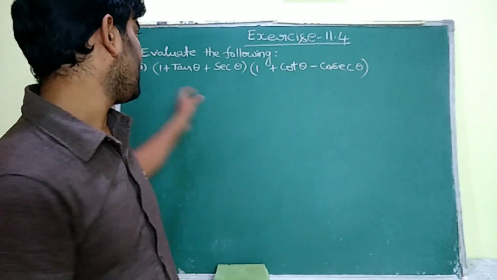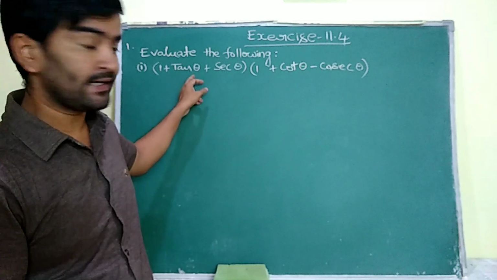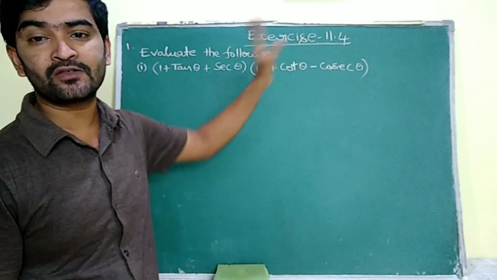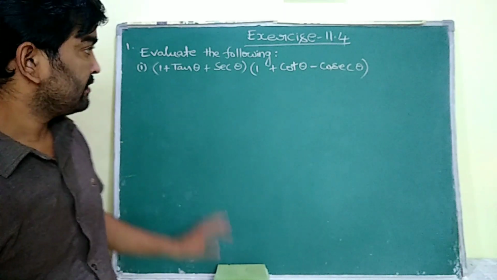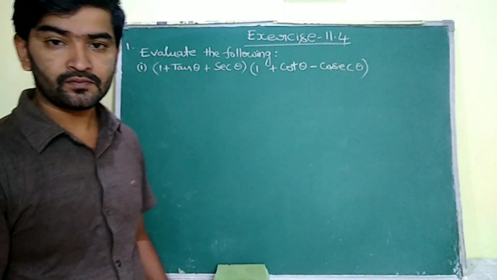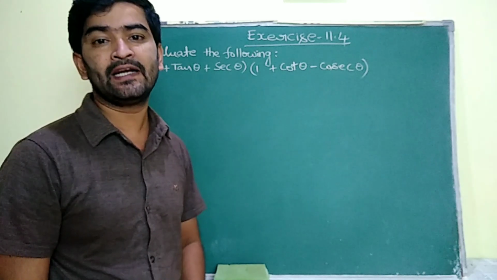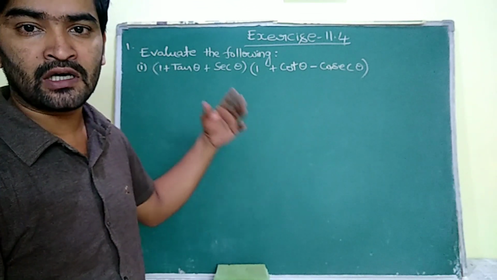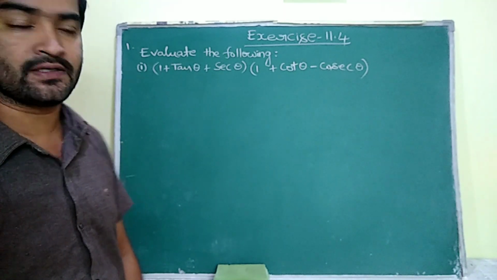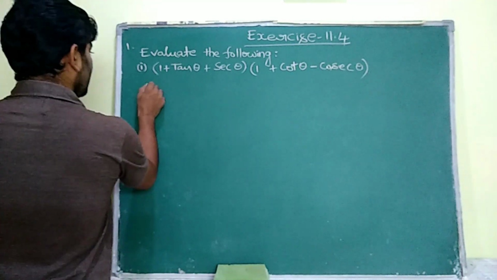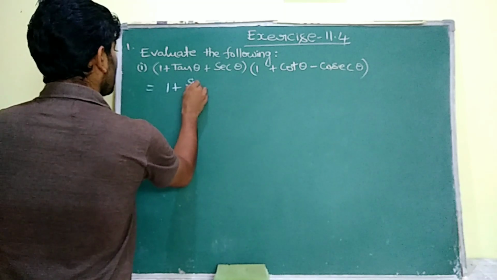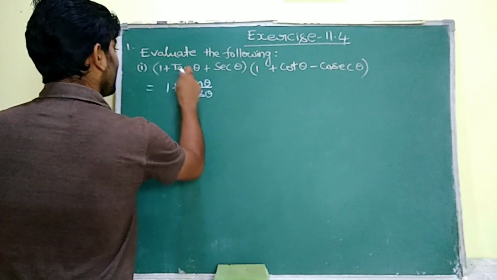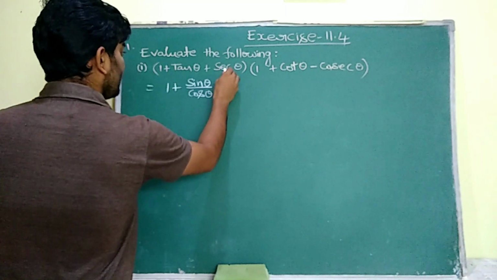The first question is (1 + tan theta + secant theta) into (1 + cot theta - cosecant theta). To simplify this, if we don't know what to do, convert the given values into sine and cos. 1 plus sin theta by cos theta, because tan theta is sin theta by cos theta.